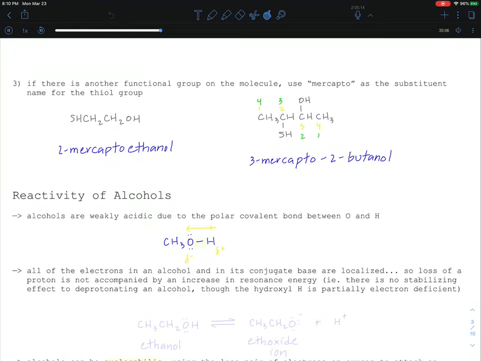And another thing that's important to notice is that the electrons are sort of localized on the oxygen, right? So the lone pairs are localized on that oxygen. They're not delocalized across the rest of the molecule. So we've got this partial positive charge on that hydrogen, which makes it weakly acidic.